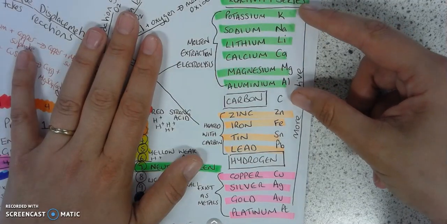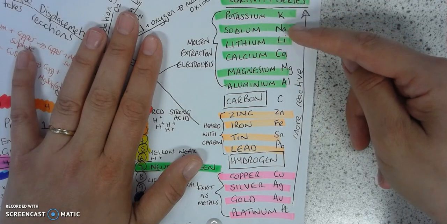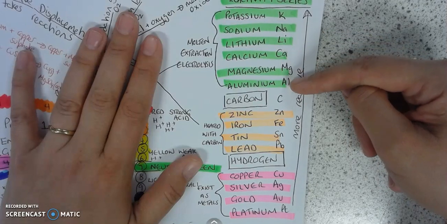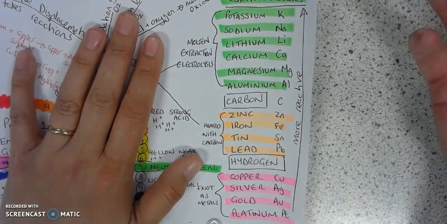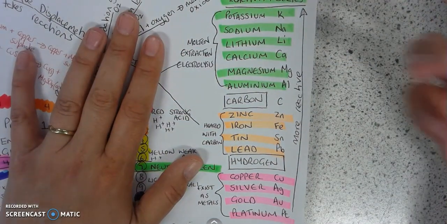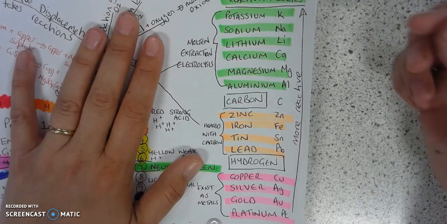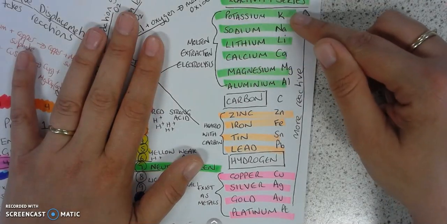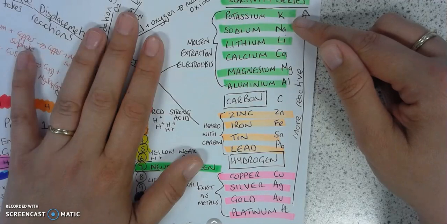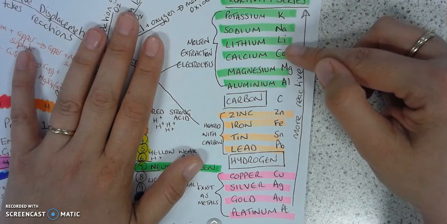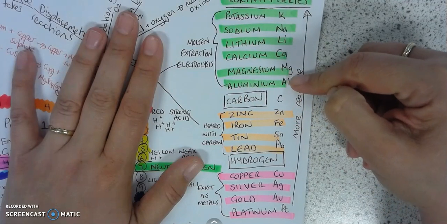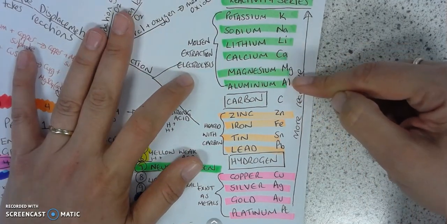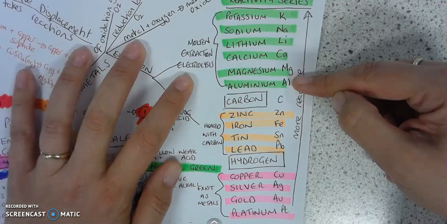So everything above carbon, so potassium, sodium, lithium, calcium, magnesium, aluminium, if I want to get those metals, I can't just go down to a mine and just say, oh right, okay, can I have a lump of potassium? Thank you very much. I have to actually extract it from the rocks that it's in, and they're called ores. So in order to react to these green ones at the top, I need to use electrolysis, and I'll talk about electrolysis in a minute.